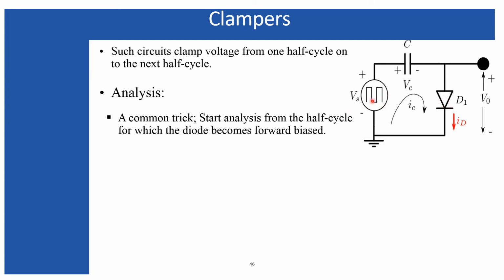But if you find a different circuit having the diode oriented in a different way, you first have to find for which half cycle your diode will be in forward bias, whether it is the negative half cycle or the positive half cycle. You should start your analysis from that half cycle, and that will be easier. When I discuss the analysis part, you will understand why I am saying this.